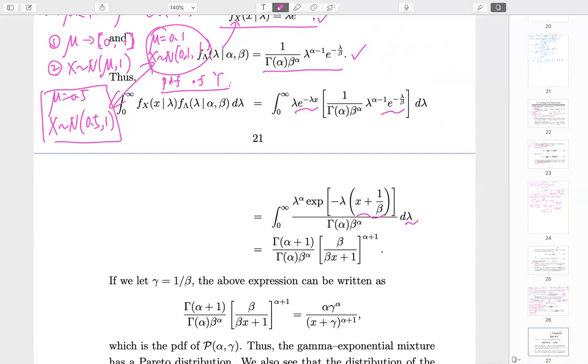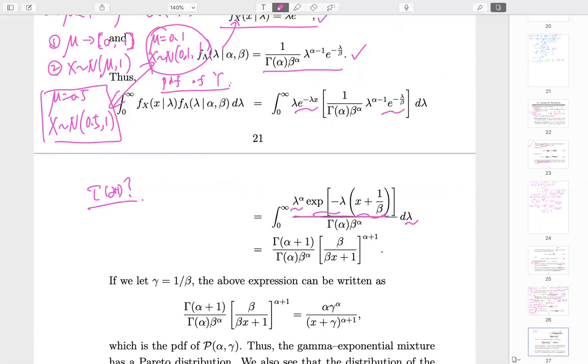You have a power function and an exponential function, which motivates you to consider gamma. What is gamma of this function? Actually, this is gamma alpha plus 1.